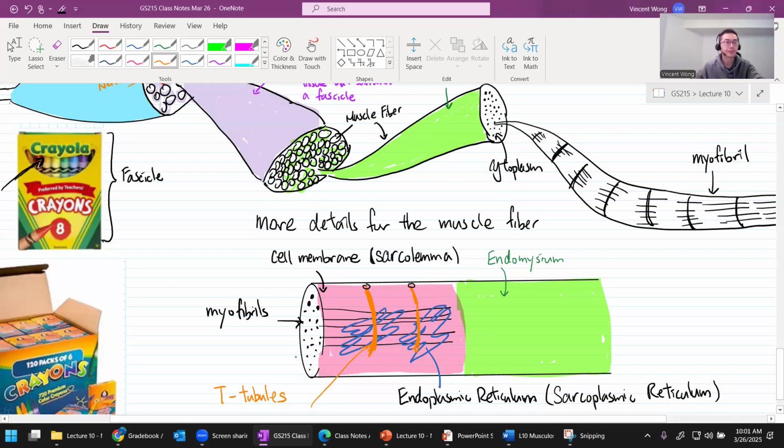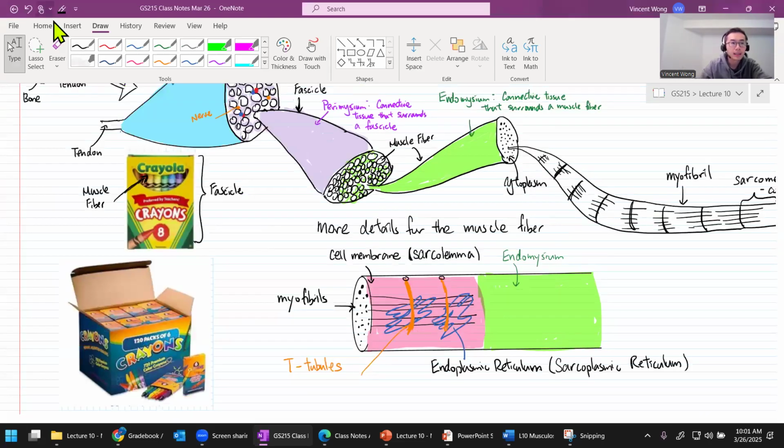The key thing to know here is that the sarcoplasmic reticulum contains calcium ions. And as you will see, these holes will allow an action potential to come down and trigger the release of the calcium, which in turn will cause muscle contraction.